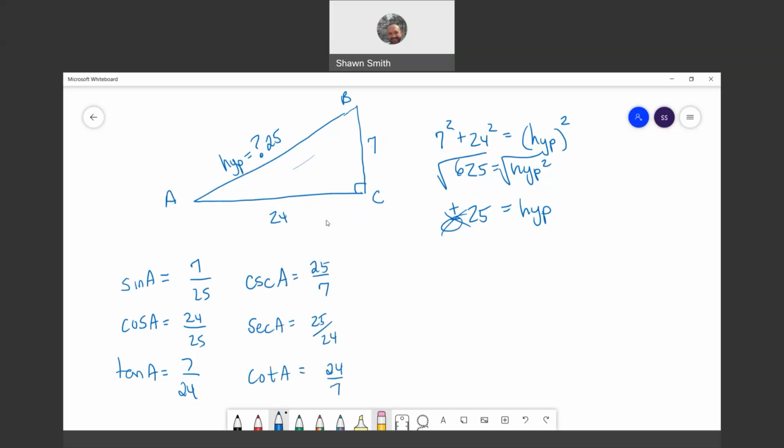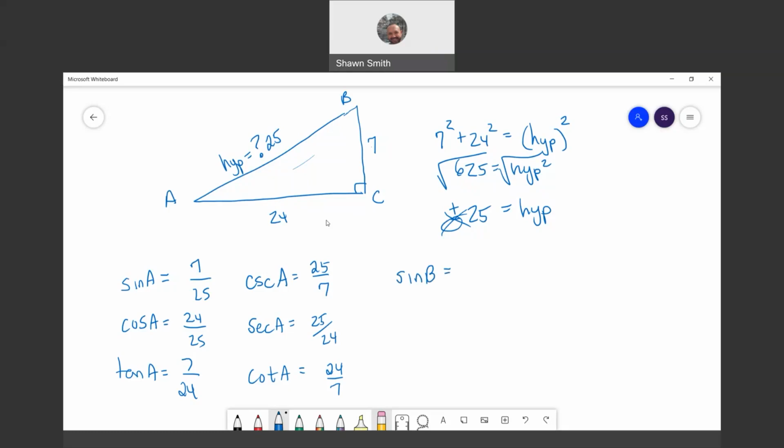We don't know what A and B are, right? We don't have those measures. We don't need those measures, but we can figure those out later on. We'll get to that. We'll figure out how to find what angle values are in the triangles. All right, let's look at B. Sine of B. Now, opposite of B is 24, which was adjacent to A, right?